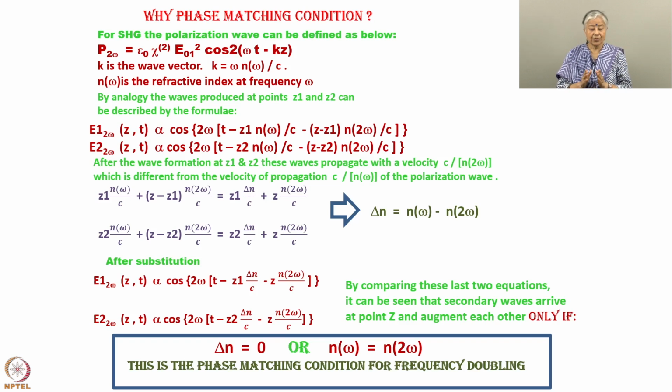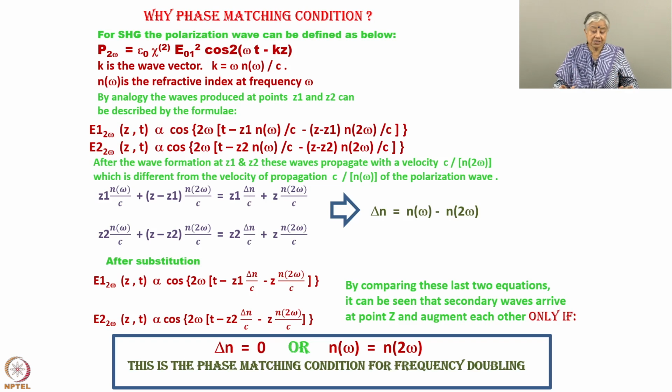Now, when all the frequency doubled waves have reached that point Z, they are in phase if and only if delta n is equal to 0. Only then will they transfer energy to each other, and you will get a final very intense beam.